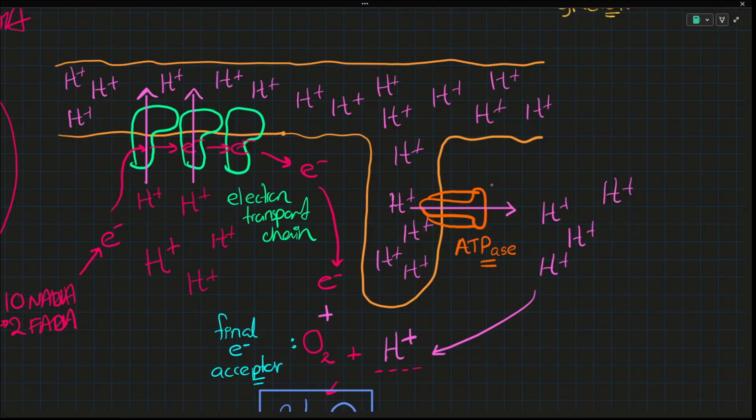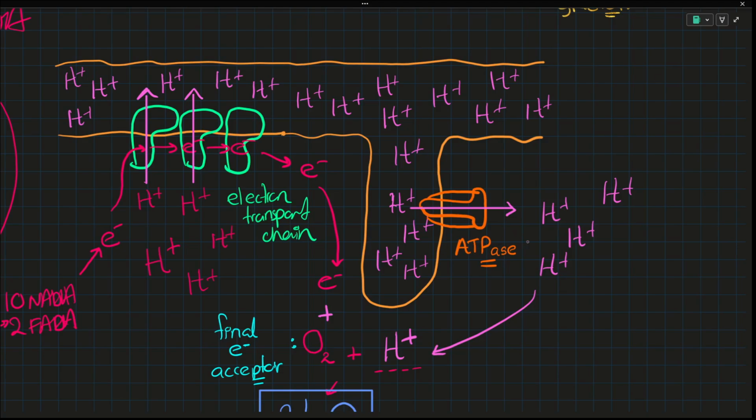Now, funny thing, do you see the structure of ATPase? There's this head sort of thing on this side, and there's this huge tube like this. Now the thing with ATPase is this thing can spin really well. This little head sort of thing can spin. So when H plus actually comes back down through all of this, the head spins. And when that head spins, what do you think is produced?